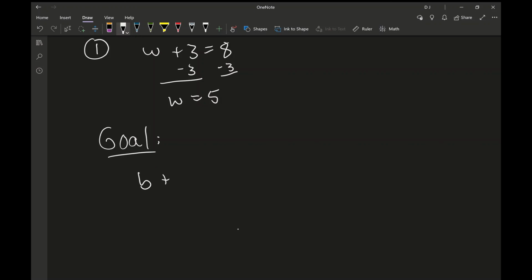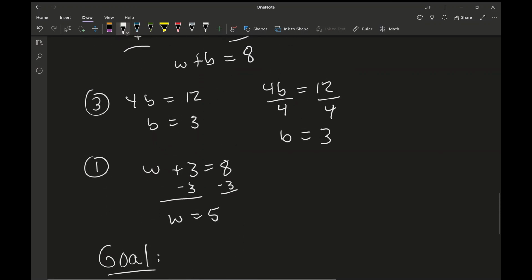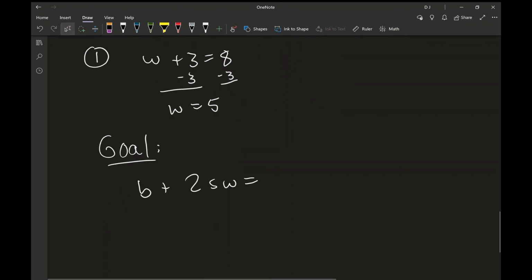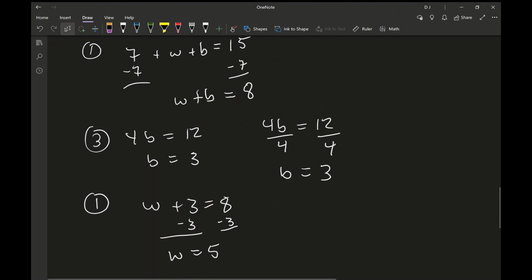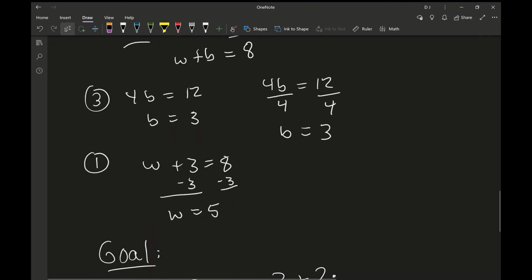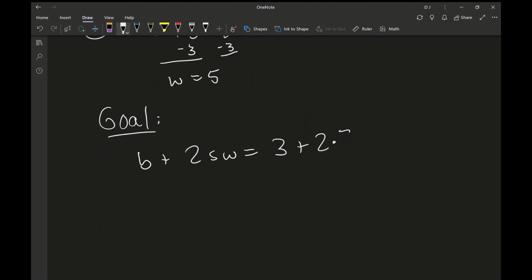Broom plus 2SW has to equal, we know broom is 3. 3 plus 2 times our star wand was a 7, 7 times 5. In order of operations, you do multiplication first. So this is 3 plus 70. So we get a 73.